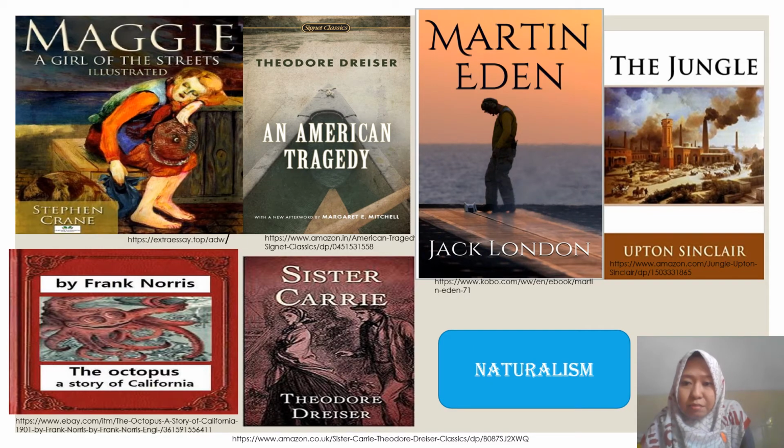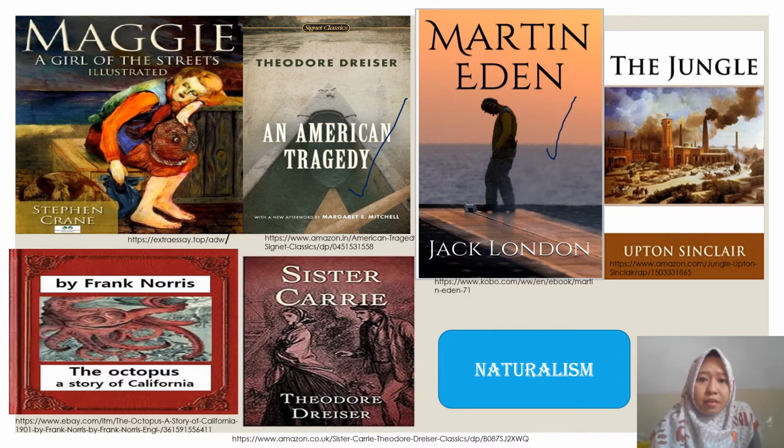Okay, these are examples of novels: Maggie, A Girl of the Streets, An American Tragedy, Martin Eden. Both of the main characters here commit suicide because they cannot survive in their life. Ya, tidak dapat menahan banyak social problem yang terjadi, ya akhirnya dia commit suicide.